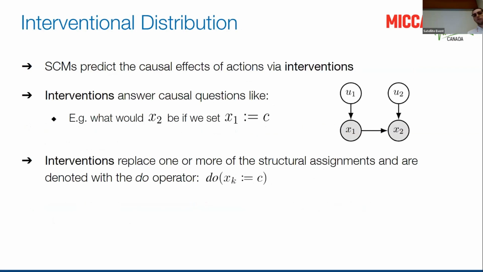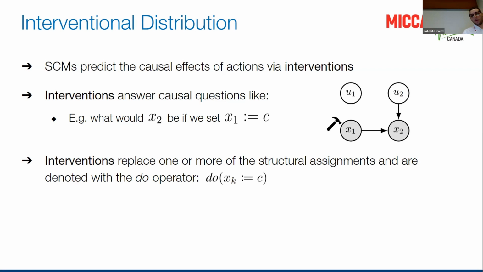Another object of interest is the interventional distribution. SCMs can predict the causal effects of actions by performing interventions. An example of a question on this little example we talked about previously would be, what would x2 be if we set x1 to some constant c? When we do this, we replace the structural assignment for the variable we intervene on.